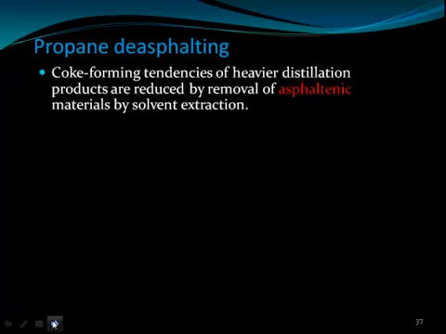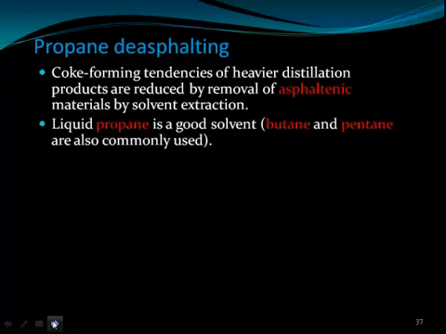So the next thing after distillation is propane deasphalting. Coke forming tendencies of heavier distillation products are reduced by removal of asphaltenic materials by solvent extraction. So asphalt, or we can say the higher molecular weight fractions, are removed by solvent extraction. Solvents are used to remove the asphalt.